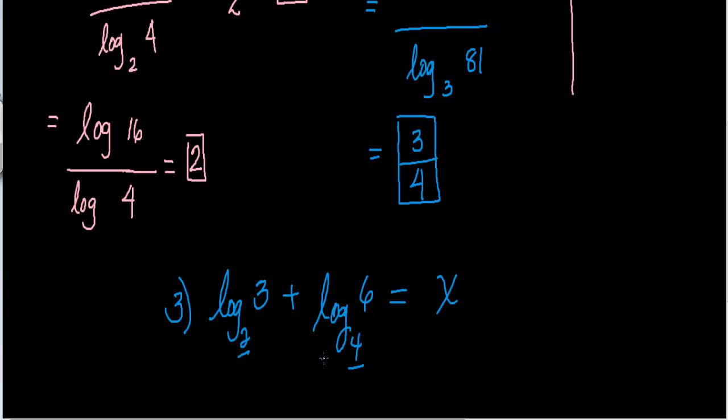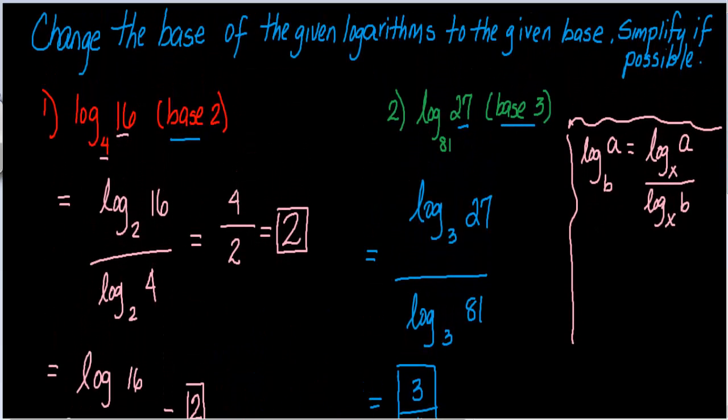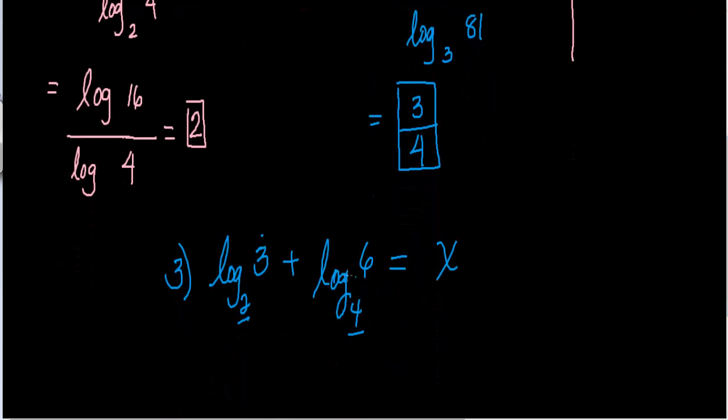Okay, so if I wanted to add these two together and use the product law, which will let me join these two arguments as a product, I would first have to change the base of these logs, okay, and make them equal, and then I can simplify. So here's one use of this change of base formula, okay, that you might need in certain problems where you need to simplify by hand and you can't because the bases are different. Okay, so then you would need to make them equal.